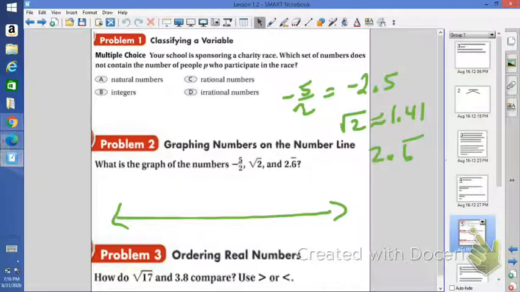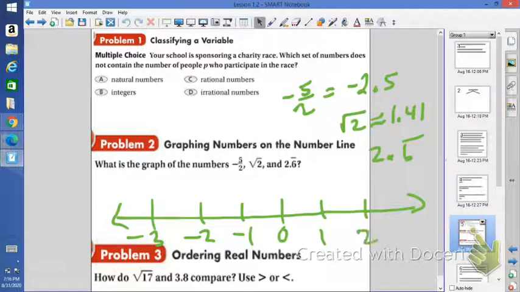All right, so if we were to put these on the number line, let's label this -3, -2, -1, 0, 1, 2, and 3. So -2.5 would be right here, so -5/2.